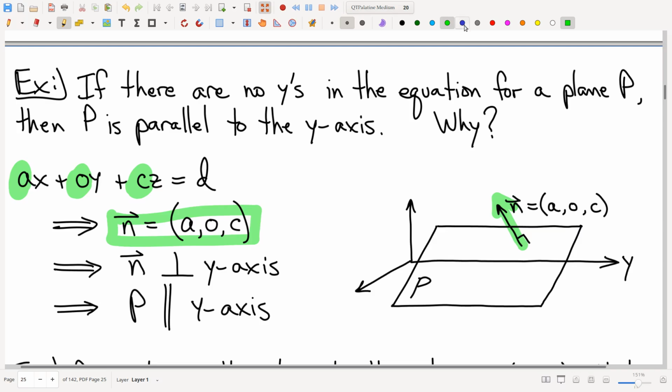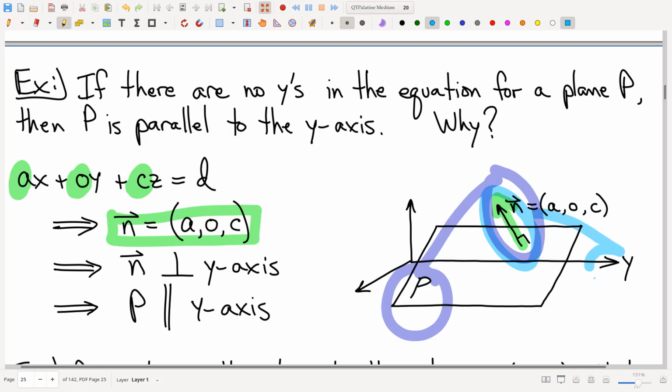And I know that the plane is perpendicular to the normal vector. Well, I can do a simple dot product that shows me that the normal vector is perpendicular to the y-axis. And if the plane's perpendicular to the normal, and if the normal is perpendicular to the y-axis, you've got to think about the geometry there.